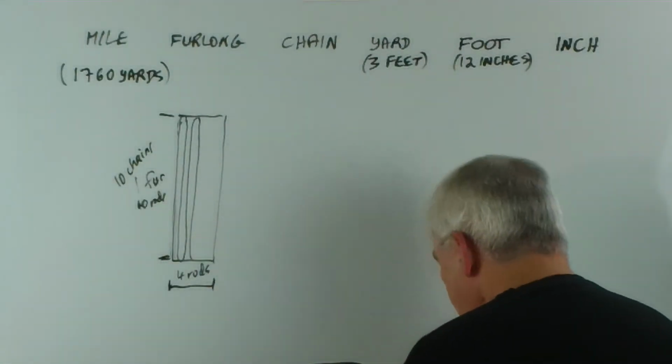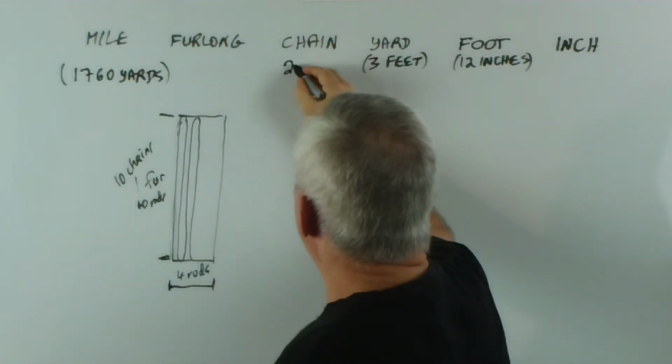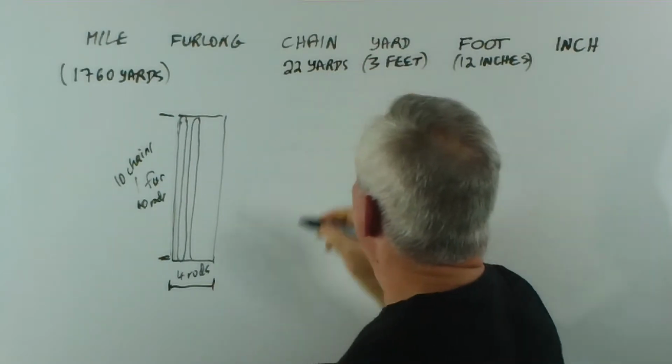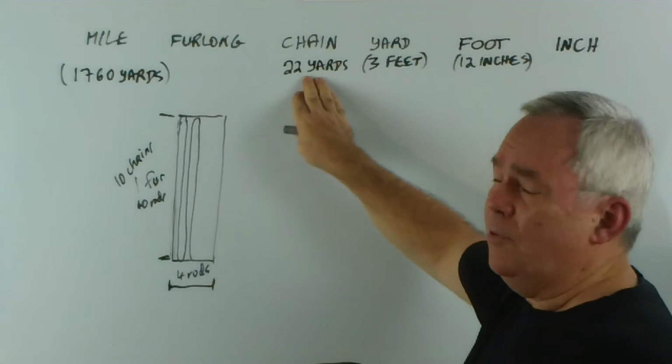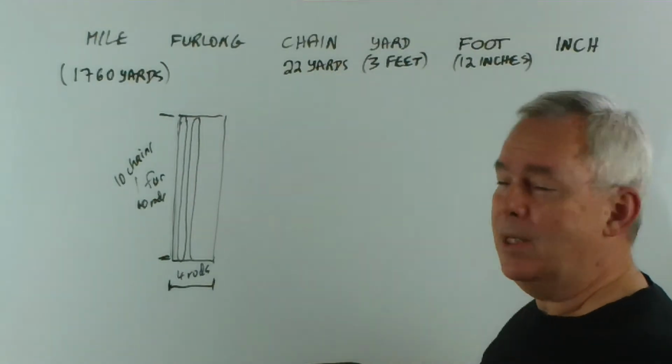Now, when Gunter invented the chain, it was 22 yards long. If you check the length of a cricket pitch, the international cricket pitch is a 22-yard pitch.